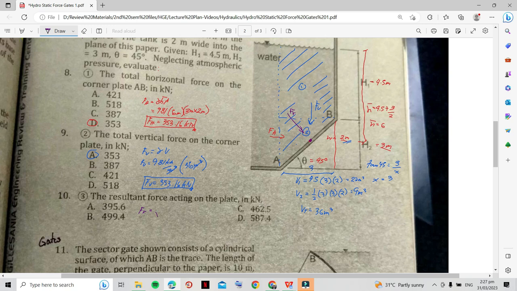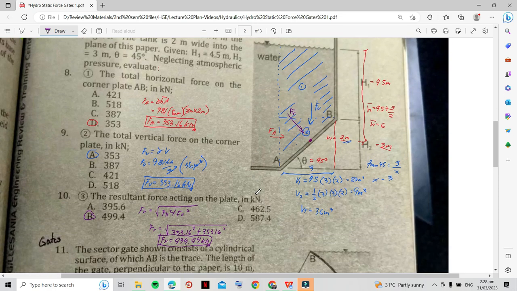The resultant force is equal to the square root of 353.16 squared plus 353.16 squared. Solving, you have 499.44 kilonewtons. So that's letter B.